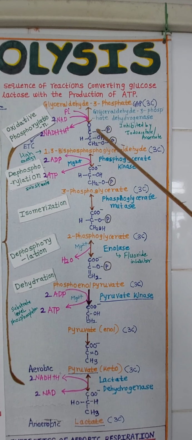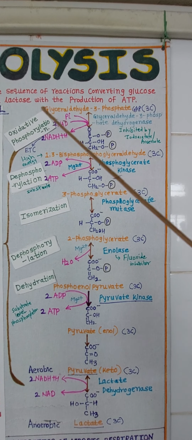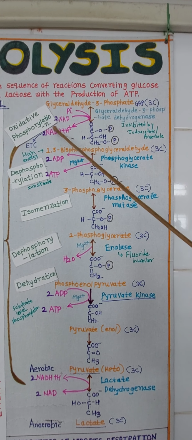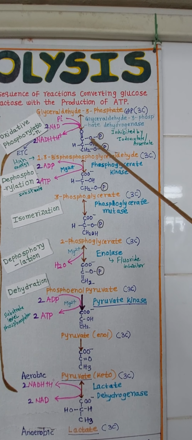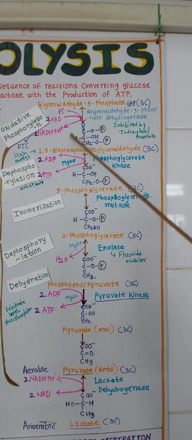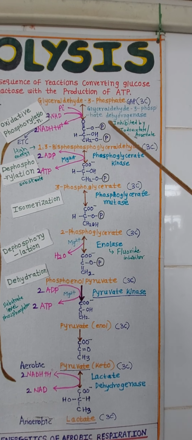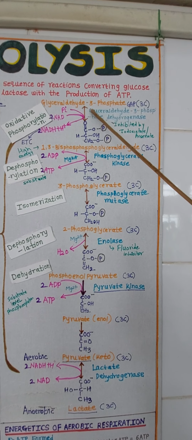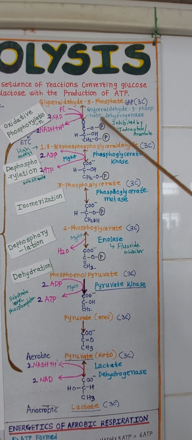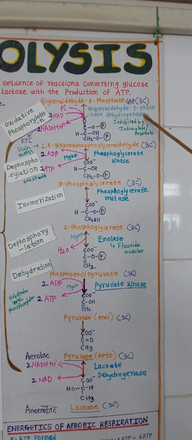So here phosphorylation is also there, that is oxidative phosphorylation, and simultaneously there are 2 reactions. One is phosphorylation, as well as an oxidation reduction type of reaction. That's why the name of the enzyme is glyceraldehyde 3-phosphate dehydrogenase.